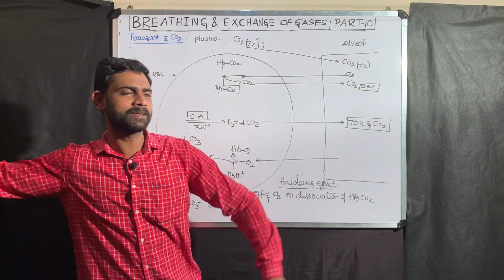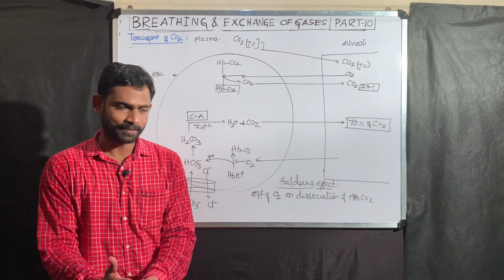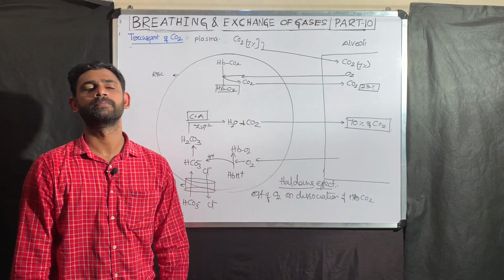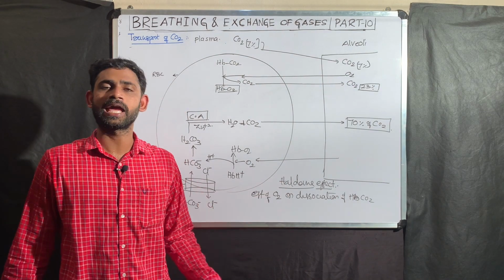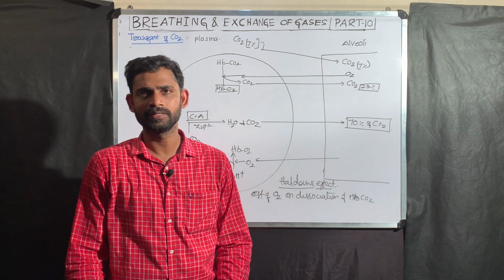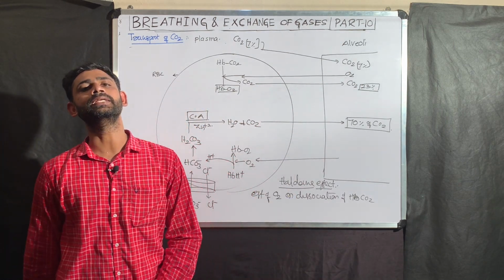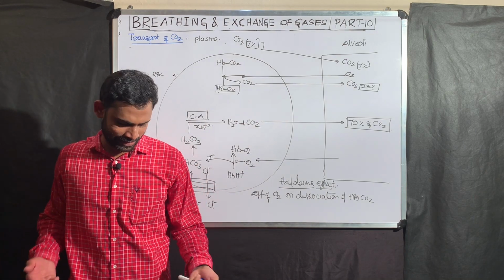Then more carbon dioxide is expelled out. That is the effect of oxygen on the dissociation of carbaminohemoglobin. This effect is called the Haldane effect. The Haldane effect explains the release of more carbon dioxide from the body. This is about the transport of carbon dioxide.